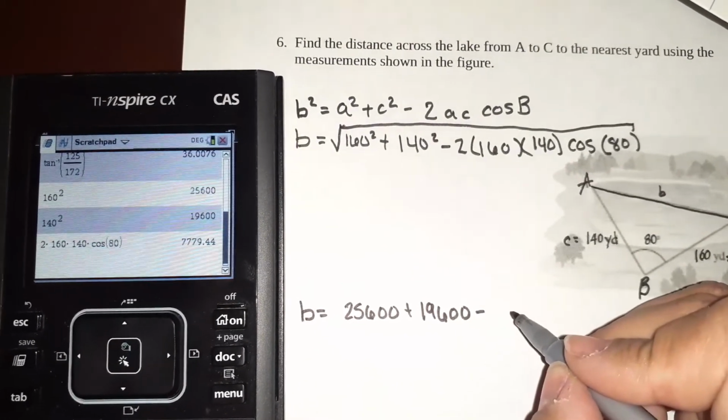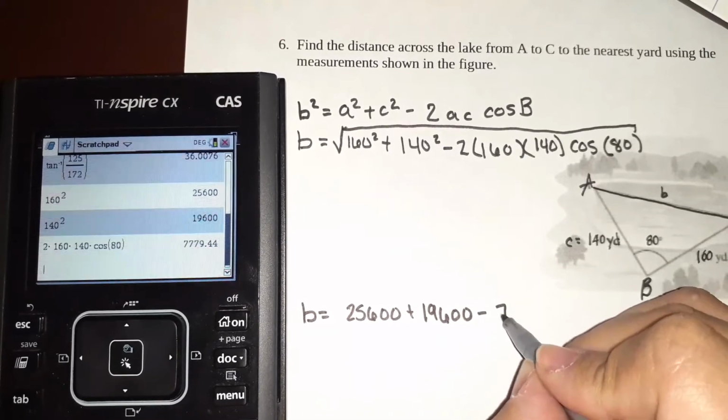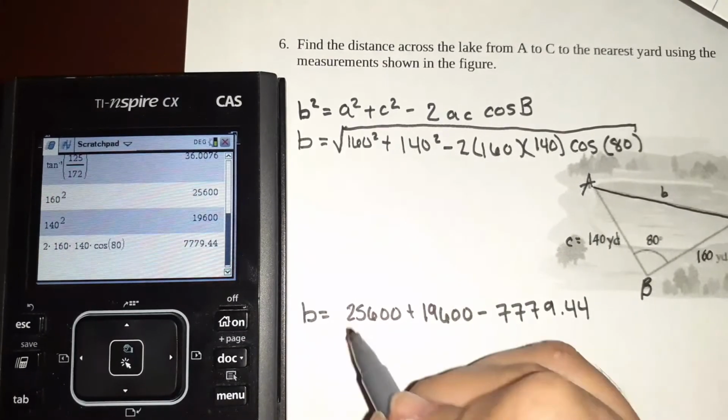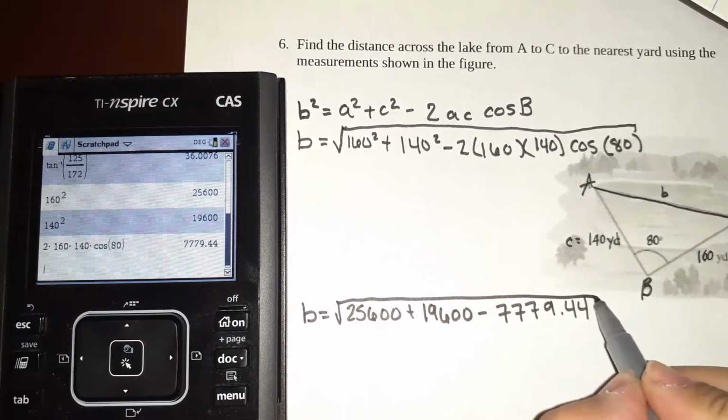And we get 779.44. And that goes all under a square root.